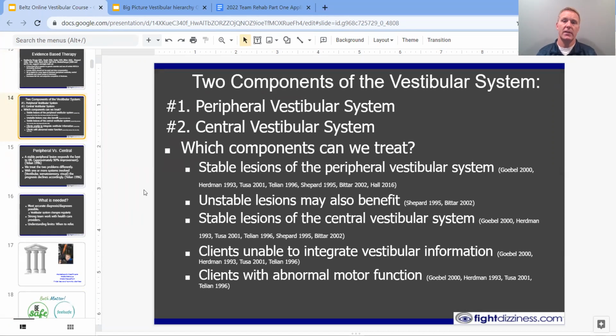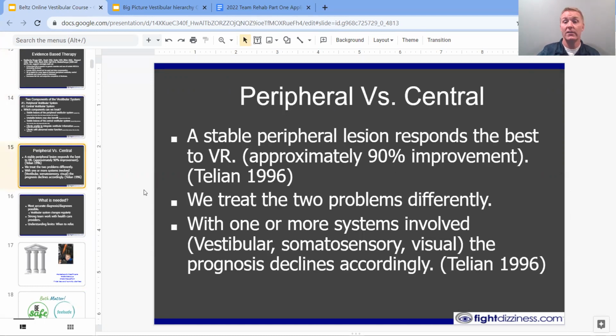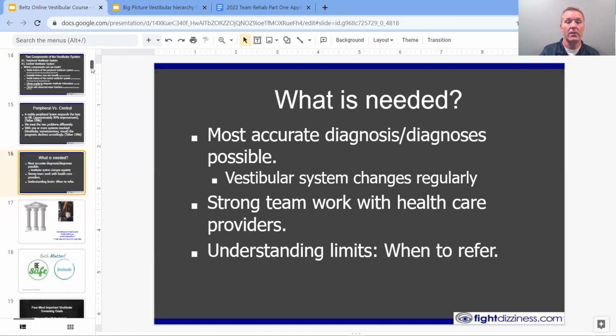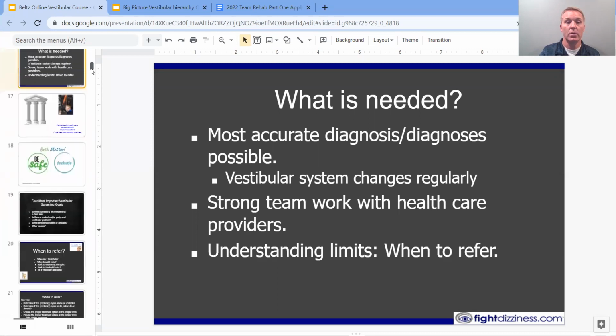Stable central lesions can get some help with vestibular rehab, but stable peripheral lesions are the best, and unstable central lesions can be dangerous. And so we definitely need to know when to refer these patients on. But we treat all of these differently. So what you have to do is know the most accurate diagnosis to help these patients. And it helps to have good, strong teamwork with other healthcare providers. And you've got to know your limits when to refer.